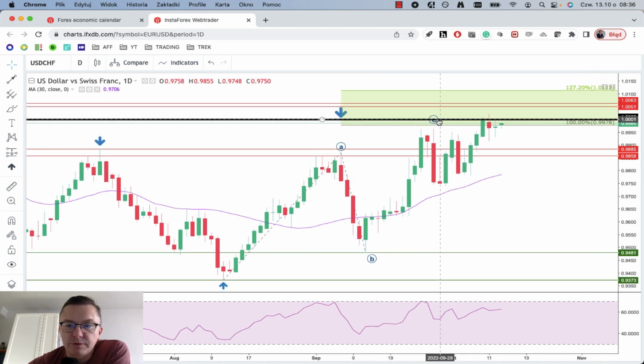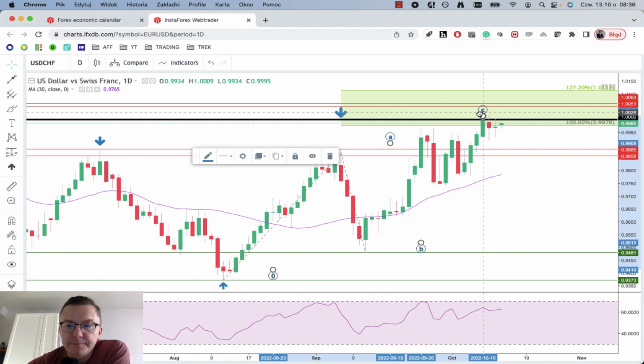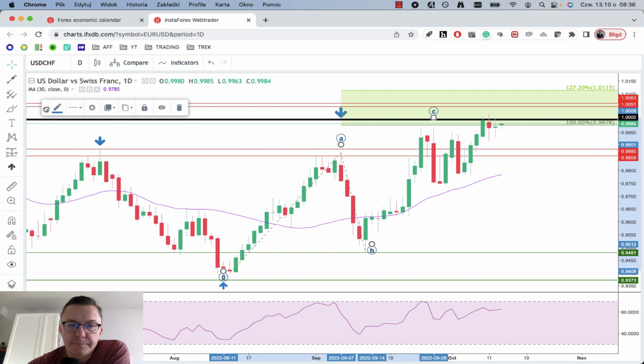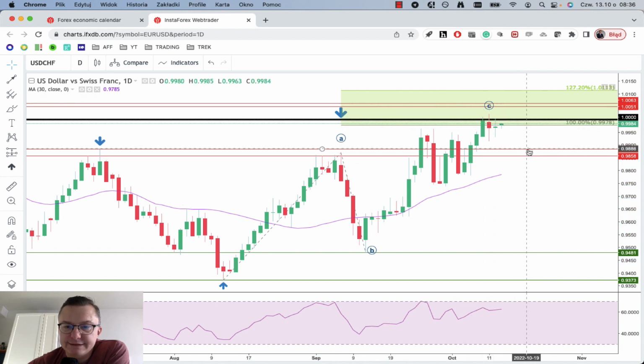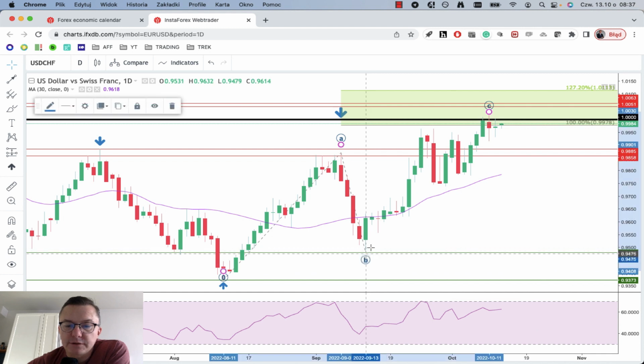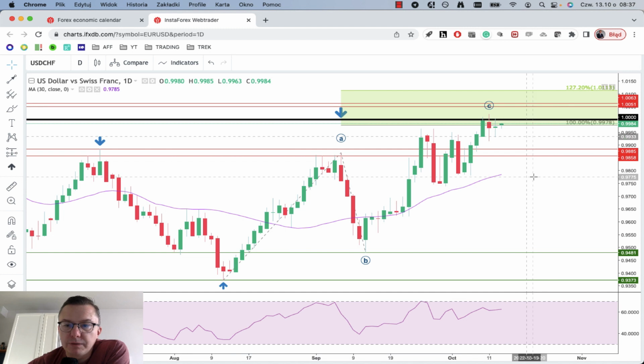However, this might not be the end of the bullish advance. So we got this top for the wave 3. Sorry, of course, the top for the wave C. Let me just move this wave along. There you go. This might be the top for the wave C, and we can see some sort of down movement, right? Correction or pullback.